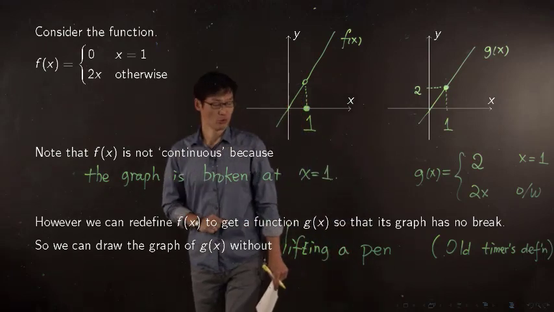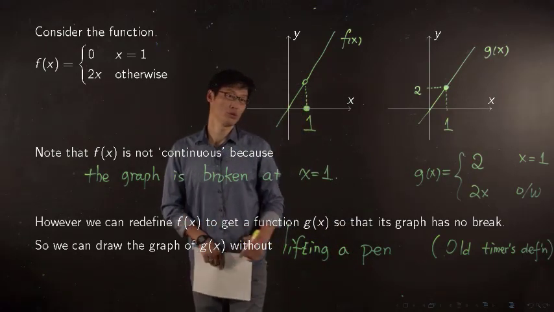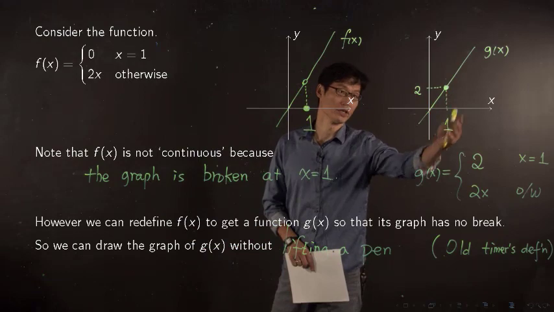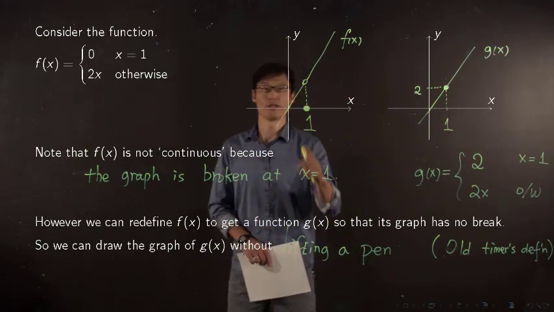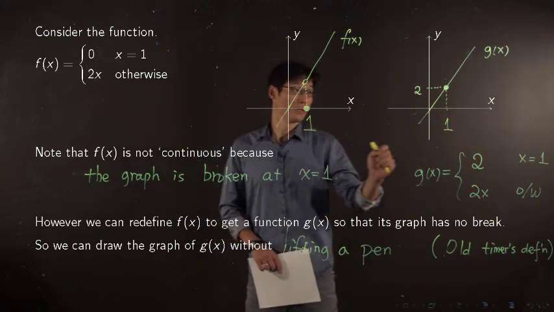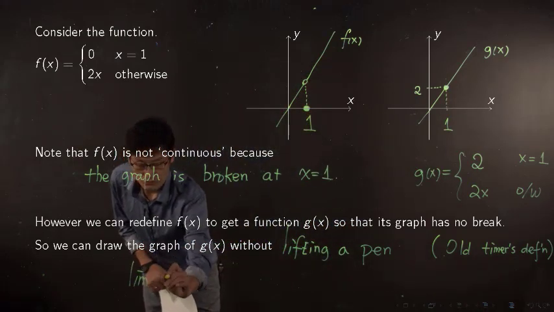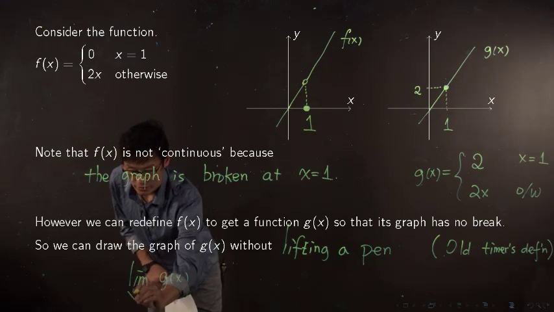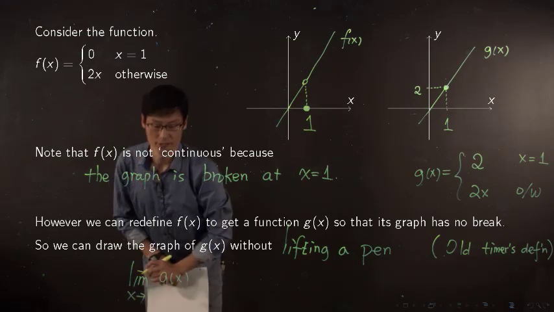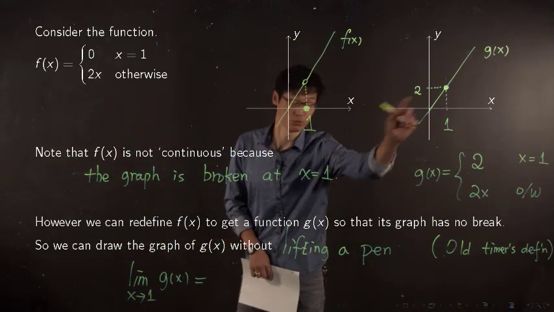Let me write down one more observation. So we want to define continuity in terms of limit. Well, here, when you take the limit of g as x approaches 1, well, this limit is 2, of course.